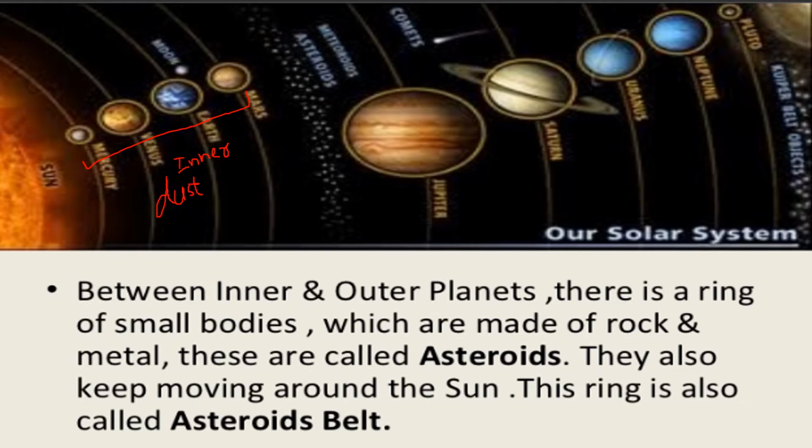They are the rocky material. But the rest of these 4 are called the outer planets. Outer planets, why? Because they are made of gases and ice.